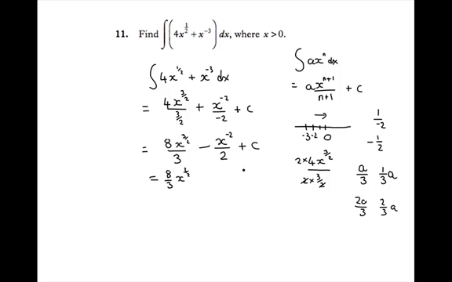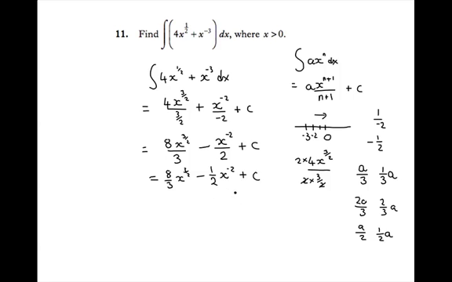And also dividing by 2 is similar to this. If we had a divided by 2, it's the same as finding a half of a. So there's a fraction, we're subtracting a fraction which is a half of x to the minus 2. So that's just an alternative way of dividing by 2 is finding a half of it, or multiplying by 8 and dividing by 3 is finding 8/3 of something.